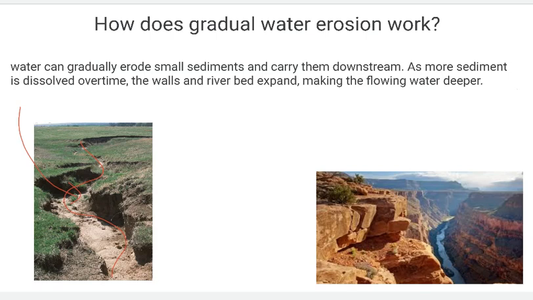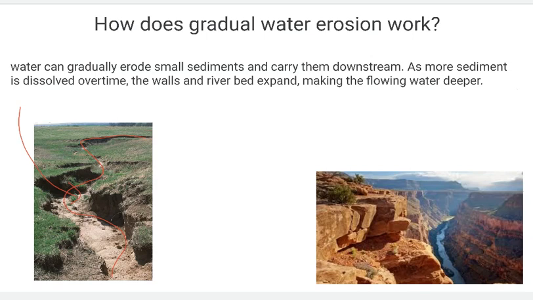And as they become finer and finer sediments, the walls of the riverbed begin to expand, and eventually all these smaller pieces that the water is breaking down begin to move downstream. So these processes of weathering and erosion go hand in hand. They work together. They work in tandem.